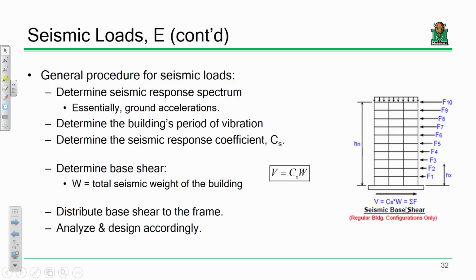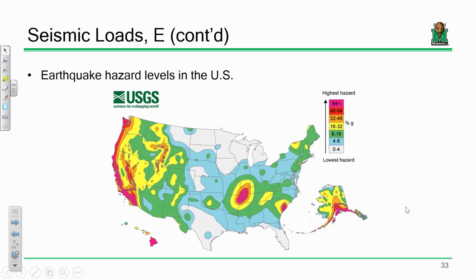And we'll talk about that here in a second. You could think of the weight as the mass of the building, and the seismic response coefficient as the G, the amount that gets applied laterally for an earthquake, and that'll give you the total base shear. And then you just take that total base shear and distribute it to each frame as if it was a force, and then you build a RISA model and design for those forces.